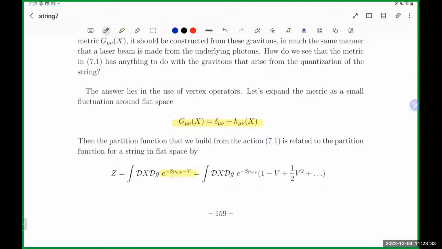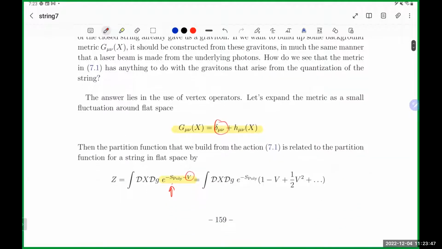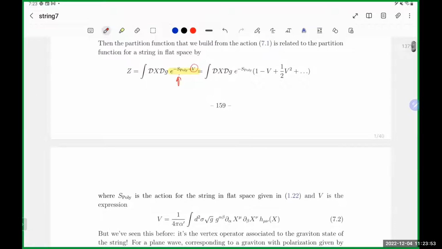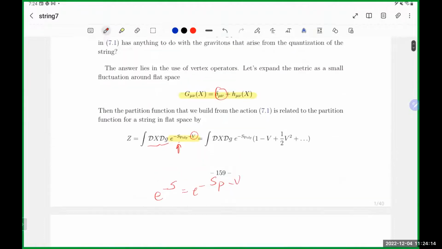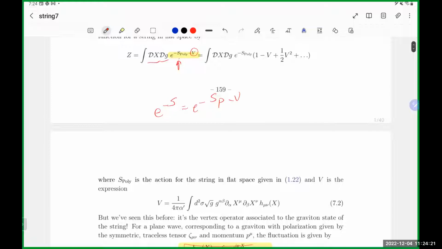This part of it, V, comes from the fact that this is h mu nu. So V looks like this. This is what we mean by V. So the first part of my S is e to the minus S Polyakov, and then e to the minus V, which comes from h times the dX term.